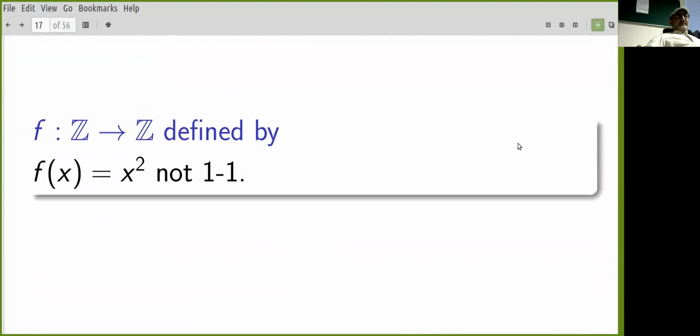Okay, f sends integers to integers defined by f of x equals x squared is not 1-to-1. Why? Because f of -1 is also equal to f of 1, which is equal to 1. So -1 squared is the same as +1 squared. So 2 points in the domain can be mapped to 1 point in the range.